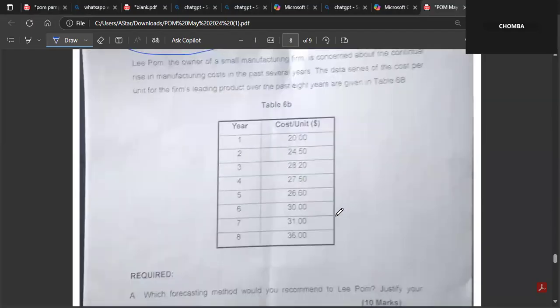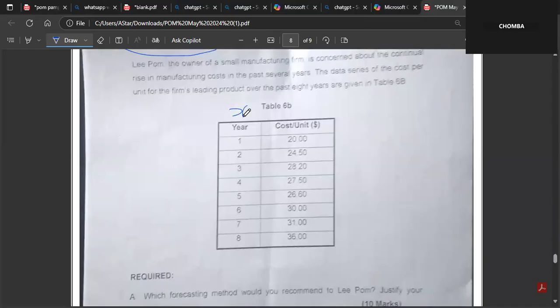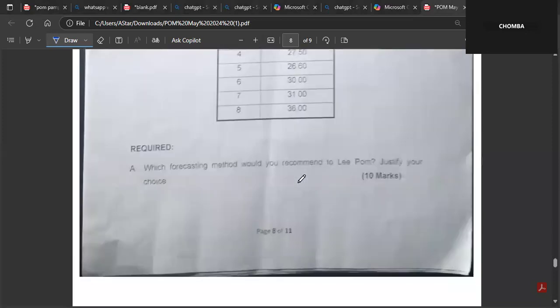Question number 6 had X and Y, the cost. X was number of years and the cost was that one. What is important for you is to understand the concept.